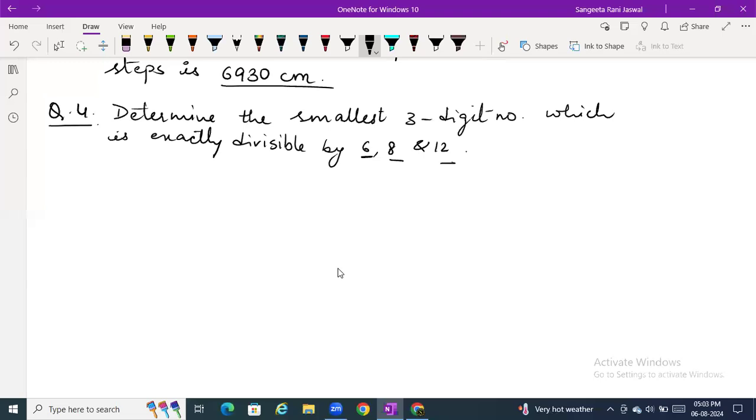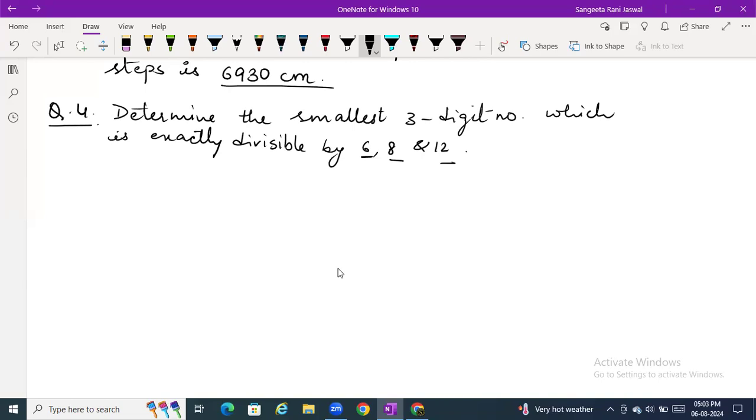Now the smallest 3-digit number is some number which is divisible by 6, by 8, and by 12. So you have to find some number which is divisible by these three numbers. Are you understanding? So what can we find in that case?